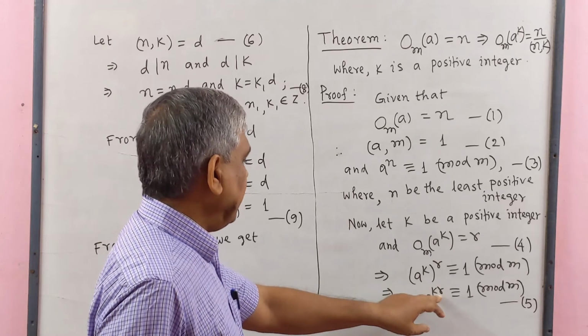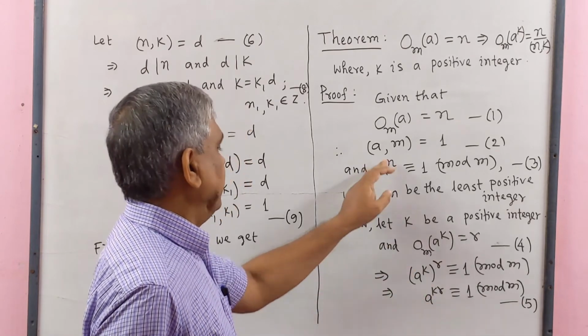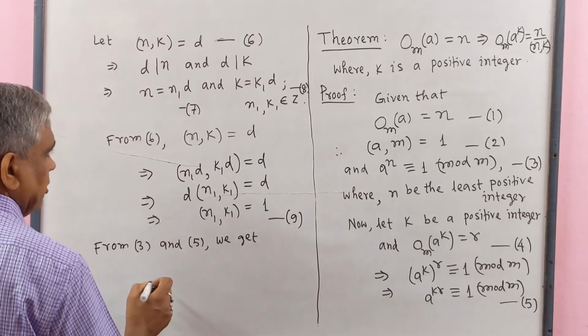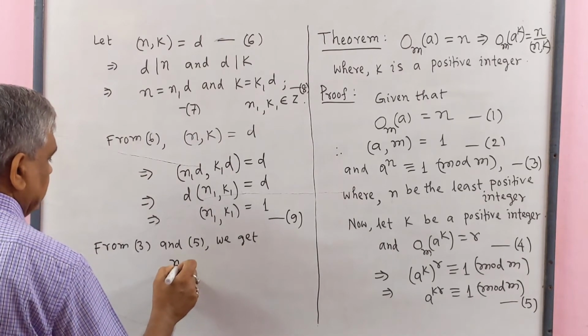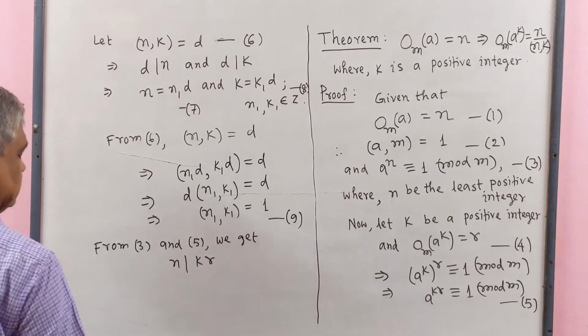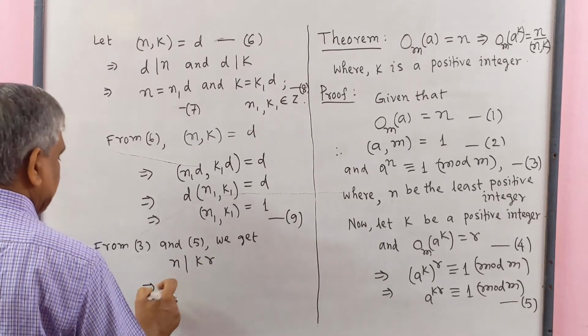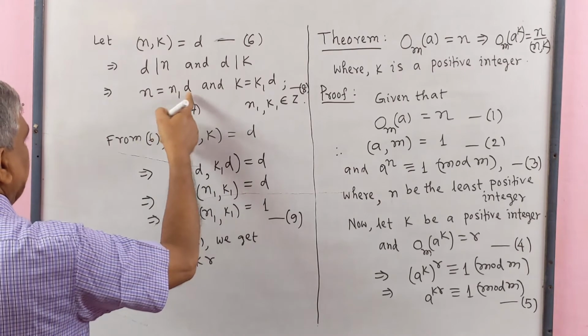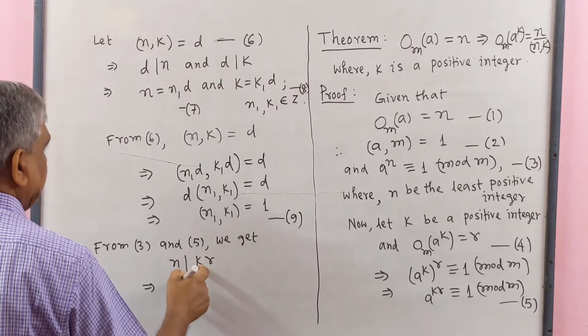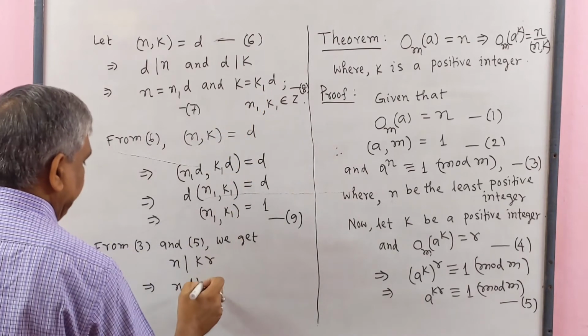Here kr be the power of a. We get n divides kr, implies that n equal to n1d. Here k equal to k1d.